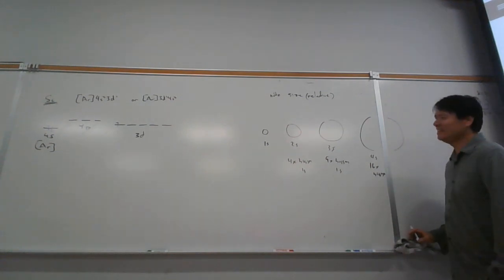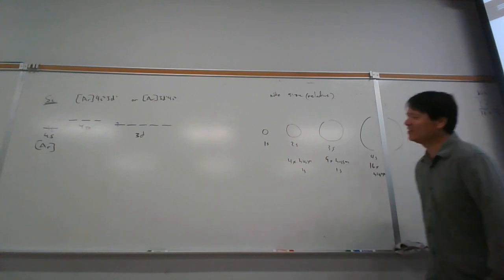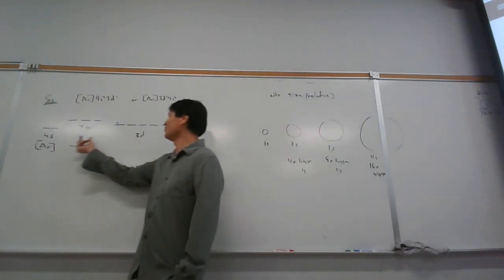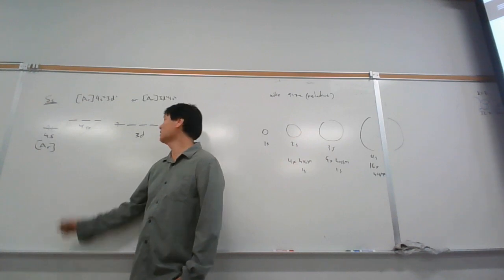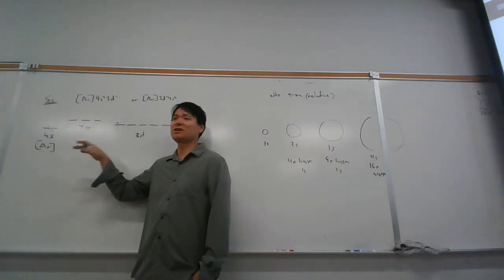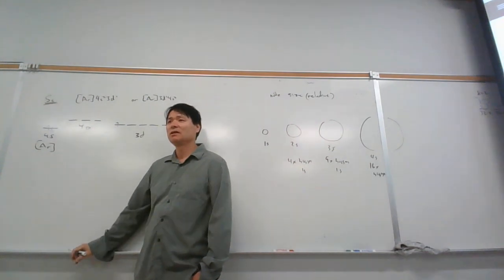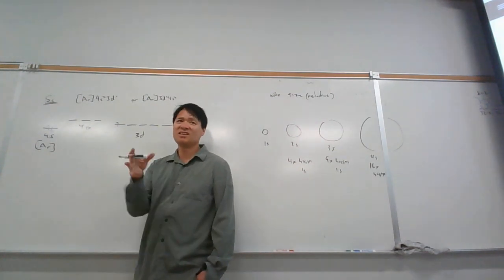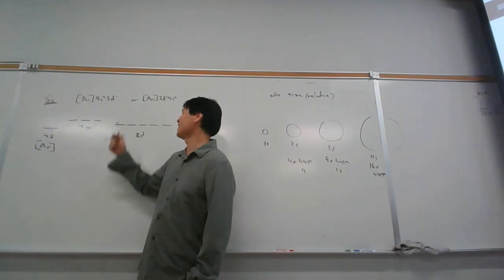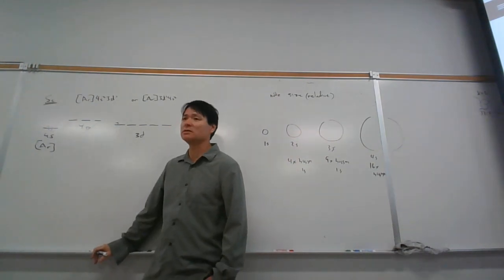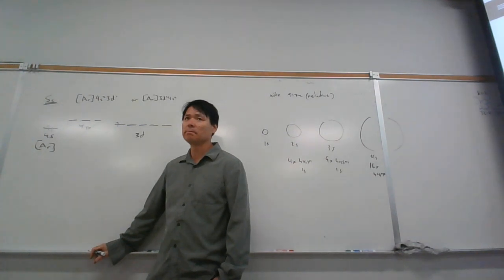The 3d, what's bigger, a 3d orbital or a 4s orbital? You think a 3d orbital is bigger because it's higher in energy, but it's not because of the way the distribution is. And so although the 3d is higher in energy, the 4s is a lot bigger.